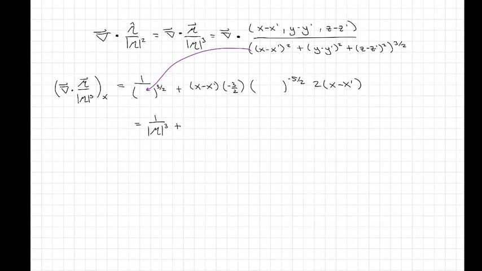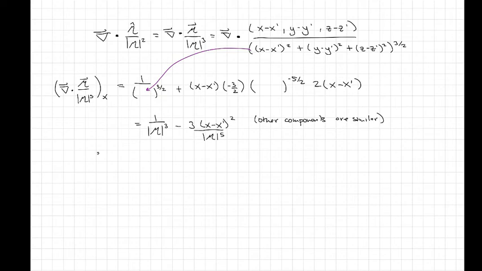When I simplify it, I end up getting minus 3 times (x minus x prime) squared over the magnitude of my separation vector to the 5th. And the other components in the x and y direction are similar. They look pretty much the same, but you've got y's instead of x's.